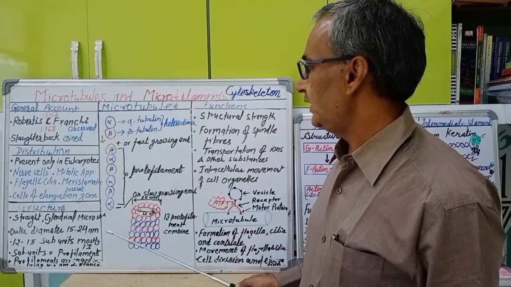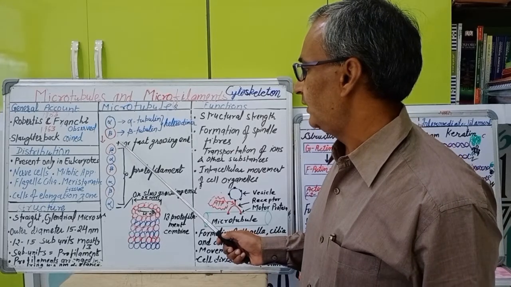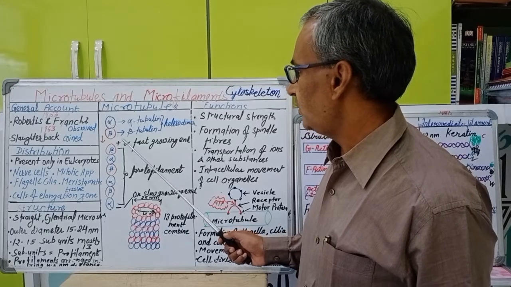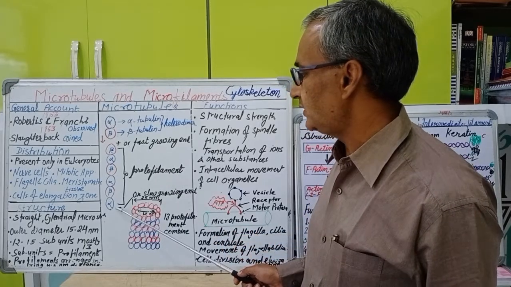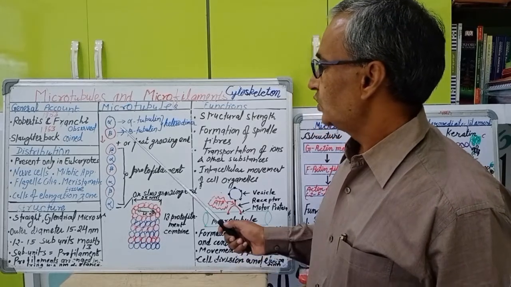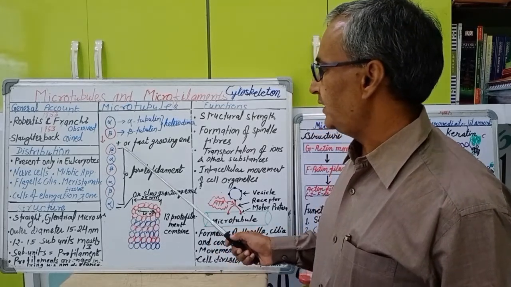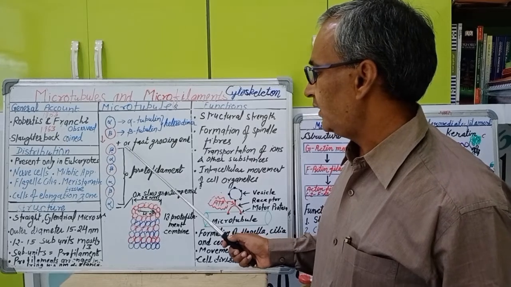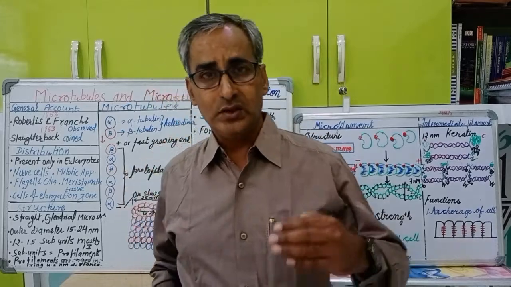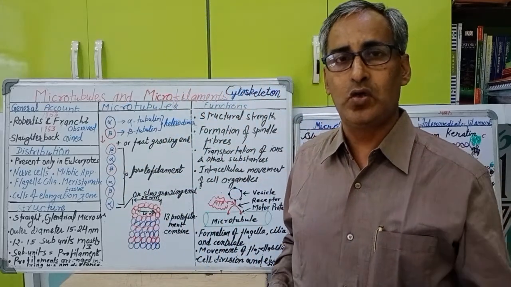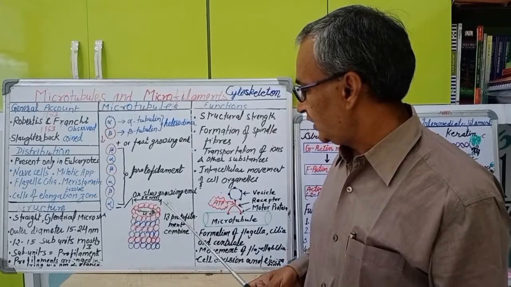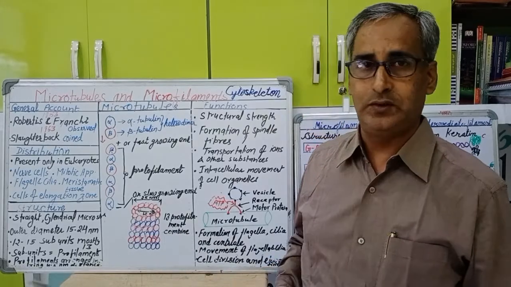So here we can see the polarity. Thirteen such protofilaments join in a specific orientation and form a flat sheet, and that flat sheet further rolls and forms this hollow cylinder structure which has a lumen inside it.